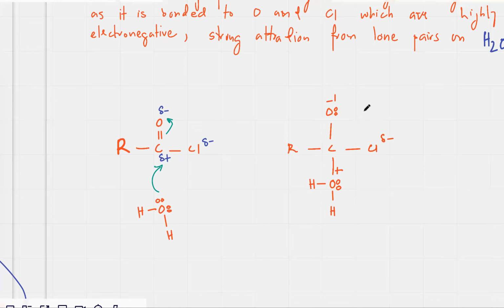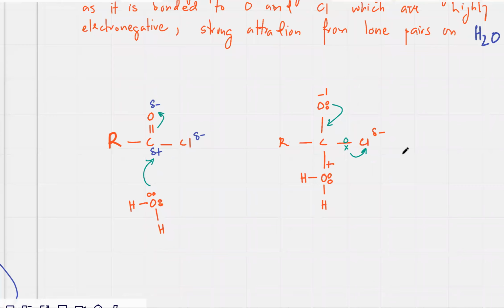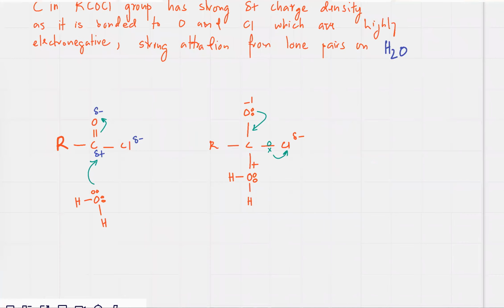The next step is that the lone pairs on oxygen over here, they come back. And because of those electrons coming back, the electrons over here get repelled. So what you get is this molecule. The double bond forms back again.